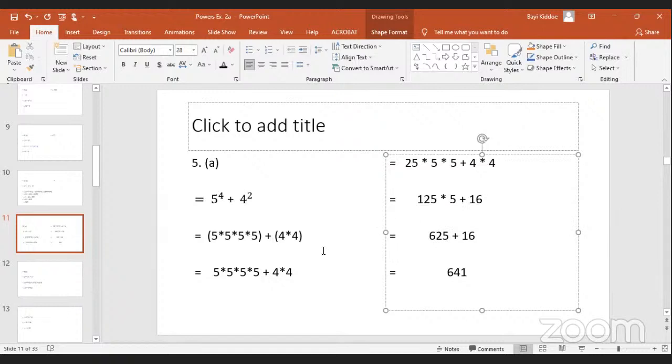And at the same time, 4 times 4 is 16, and we bring down the 16 here. So we have 625 plus 16. So 625 plus 16 is 641. So the answer here is 641. All right.